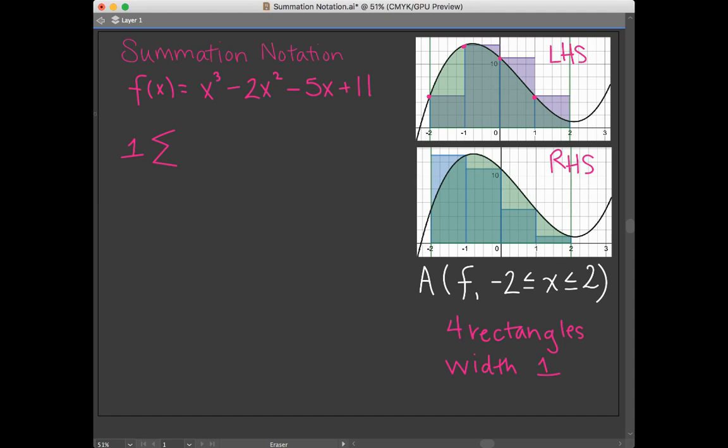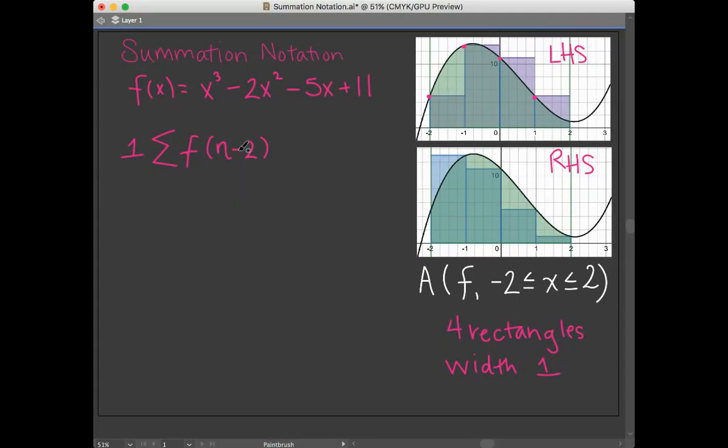Okay, so let's talk a little bit about how we could plug this in. Instead of writing in the whole entire function, just because that takes a lot of work, I am going to just say that I want to plug things into f of, and instead of starting at negative 2, I'm going to plug in n minus 2.